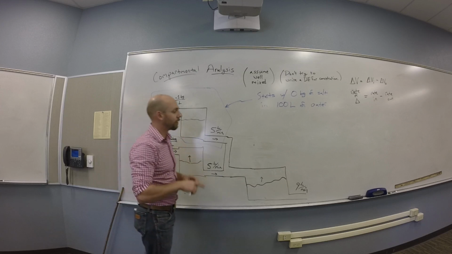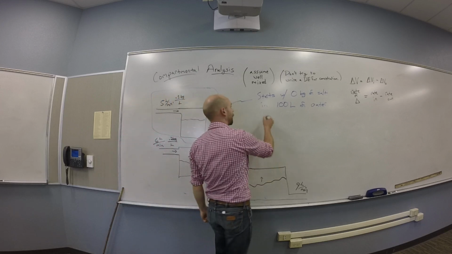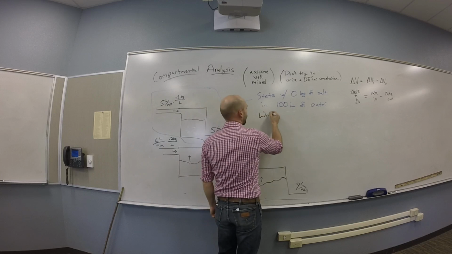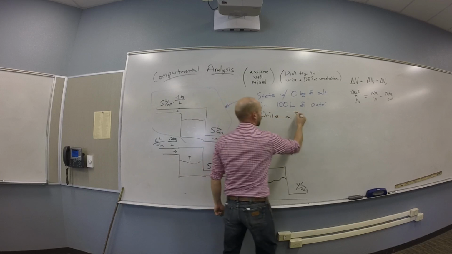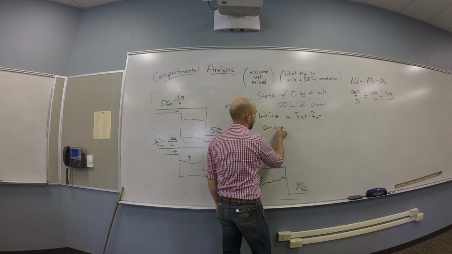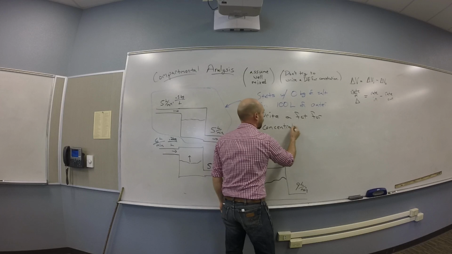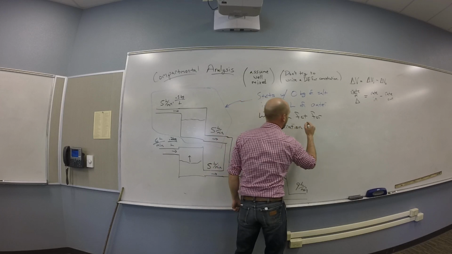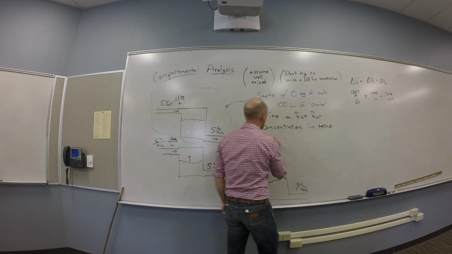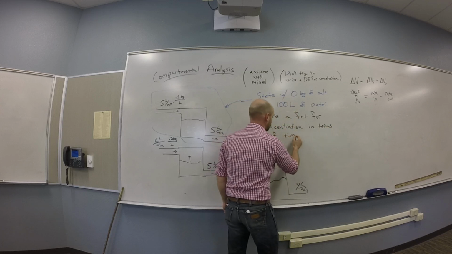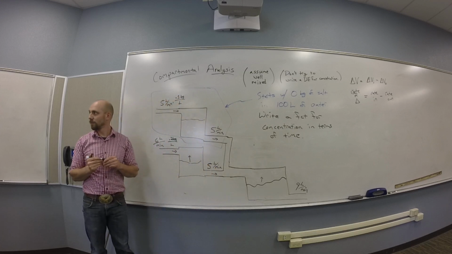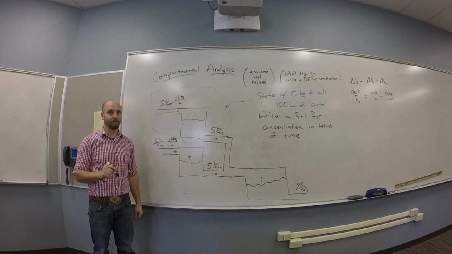Okay, so the question I want to answer is: write a function for concentration in terms of time. Does that make sense? That's clearly the goal I should be after.